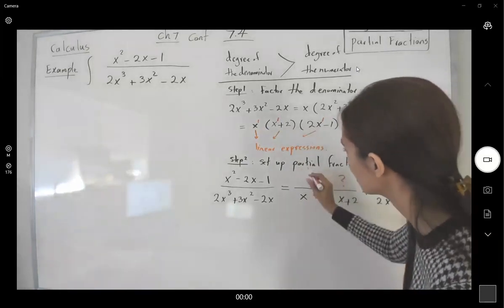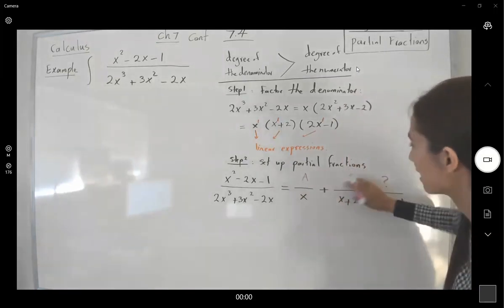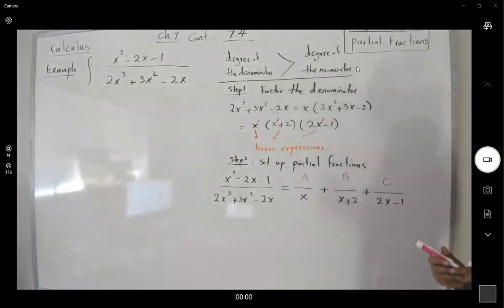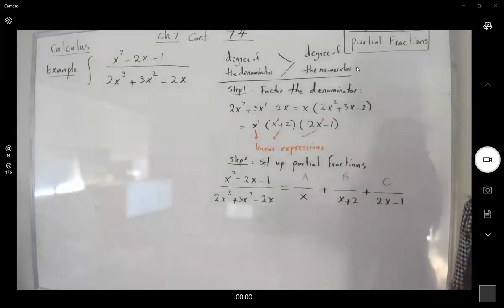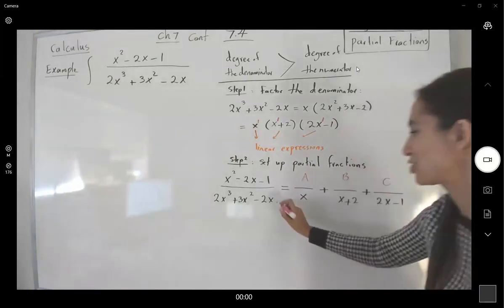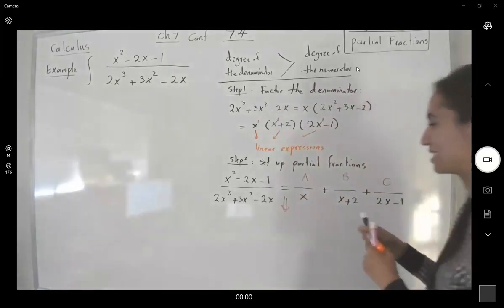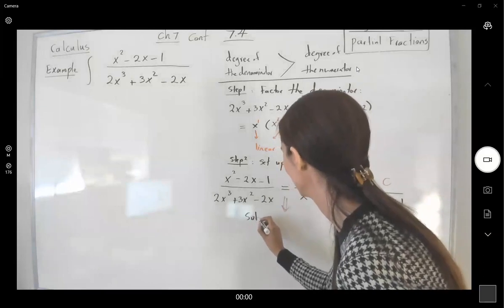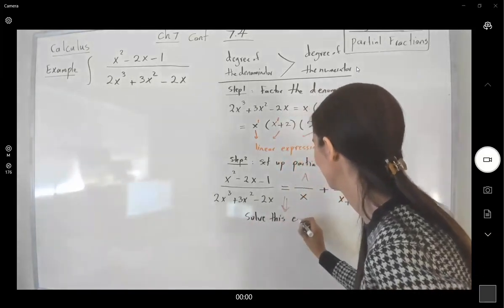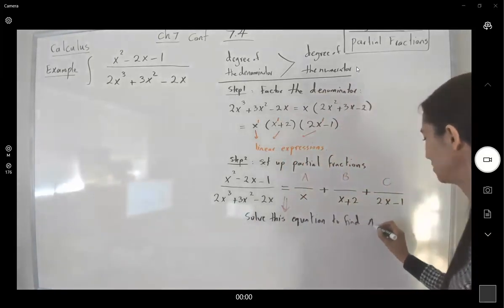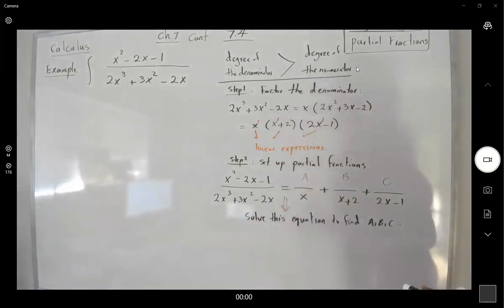A is a number, B is another number, and C is the third number. We don't know what they are. Our goal is to solve this equation to find A, B, and C. So how do we solve this equation?